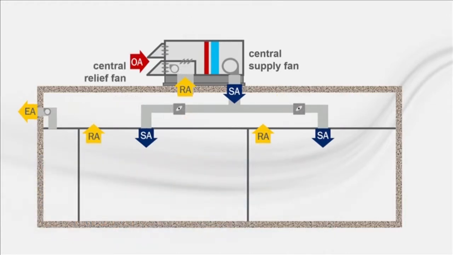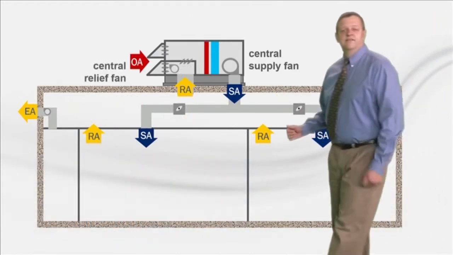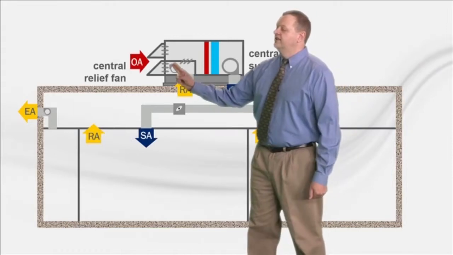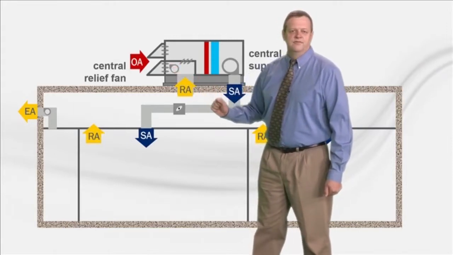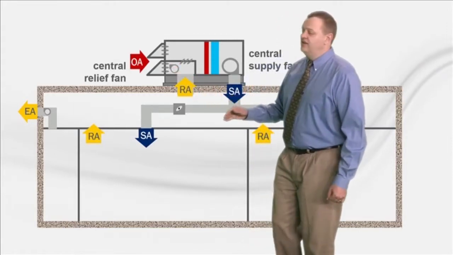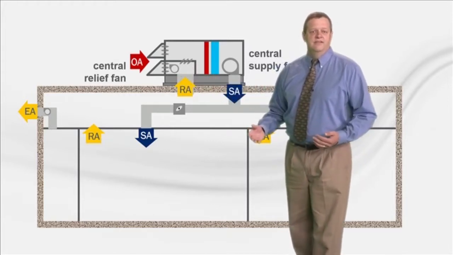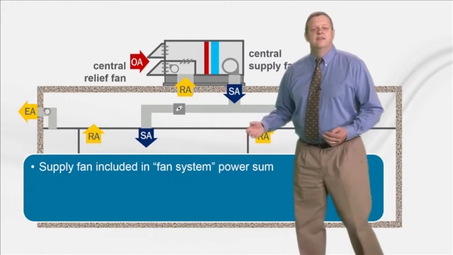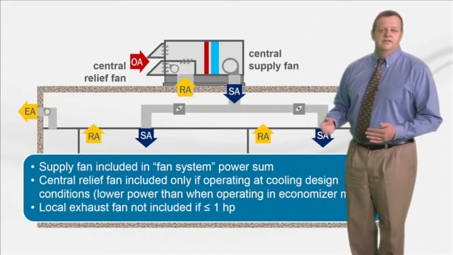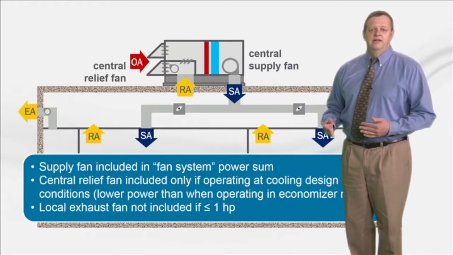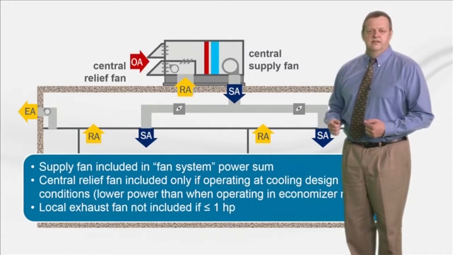Let's change the example again, but this time the central VAV air handling unit includes a central relief fan instead of a return fan. In some applications, this relief fan only operates when the airside economizer is activated. In that case, its power would not be included in the sum for the system since it does not operate at cooling design conditions.